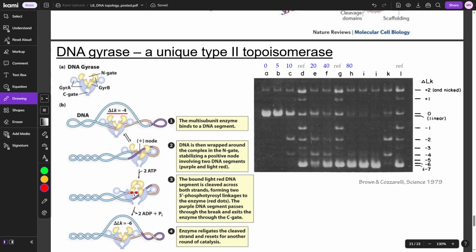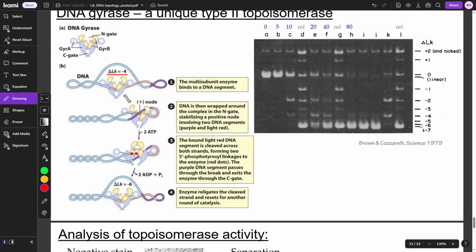But what's going to happen is this multi-subunit enzyme is going to basically hold on to this DNA. It's then going to use ATP to cut one of the double helixes, and then pull these two through it.